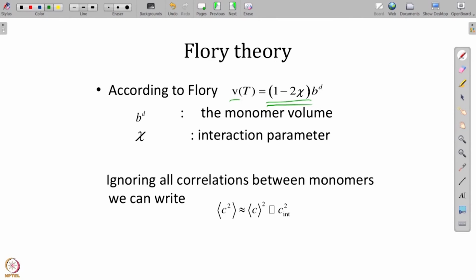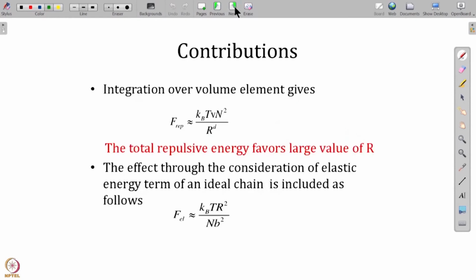So this interaction parameter chi simulates when the monomers attract each other and when monomers repel each other, and we know monomers attract each other in a poor solvent. So chi becomes large in a poor solvent, but chi becomes small in a good solvent. Then the monomers repel each other and they swell. This is the beauty of this description.